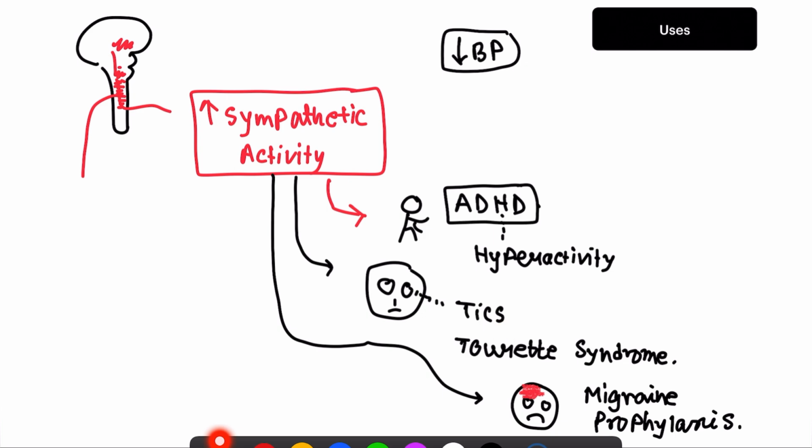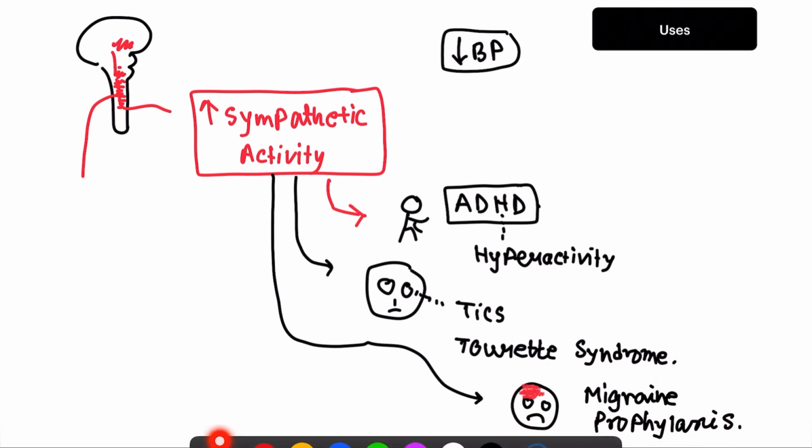Number two is tics associated with Tourette syndrome. In tics there are involuntary repetitive movements which are non-rhythmic. This is also due to excessive sympathetic activity, so clonidine can be used here. Also, because of excessive sympathetic trigger there may be migraine, so we can use clonidine as migraine prophylaxis.